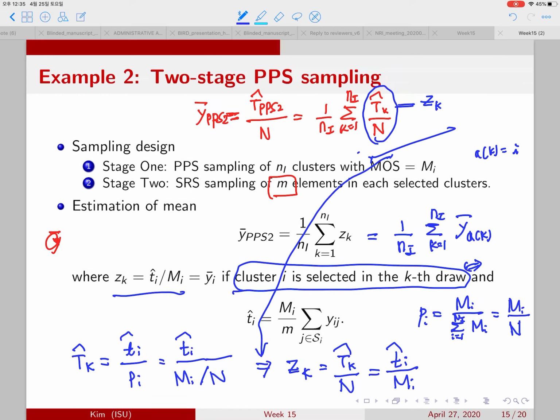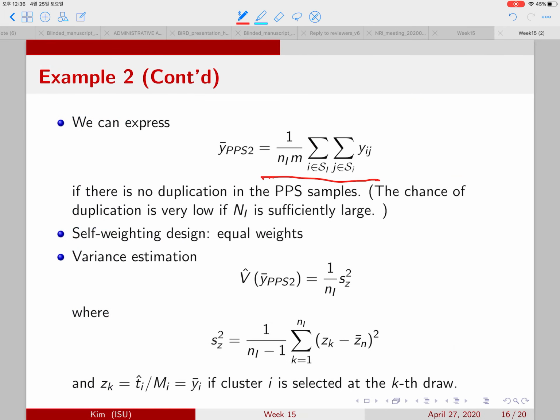Now the point is that if this y bar is the sample mean of m observations, then because of m, you can make the summation go outside, and the whole computation becomes very simple.